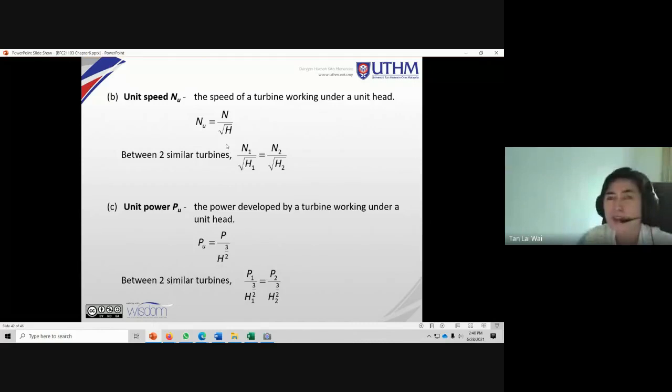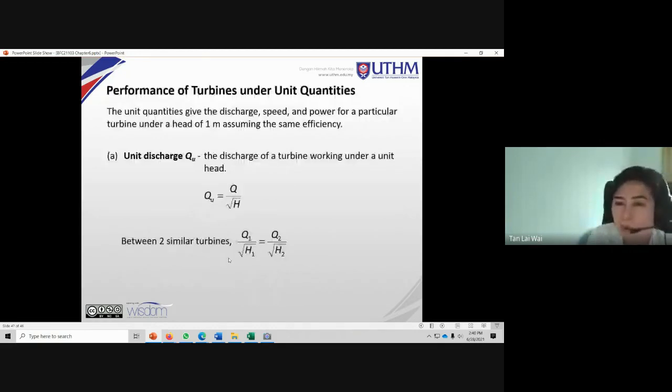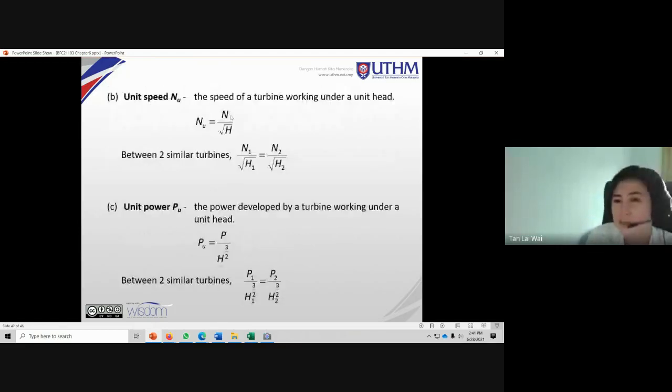In your formula, most probably we're just going to write N over square root H. Sometimes we'll give you Nu, but if we give you N over square root H or P over H to the power of 3 over 2, I hope you know what these are. The formula is actually over head: it has discharge over head, speed over head and power over head.